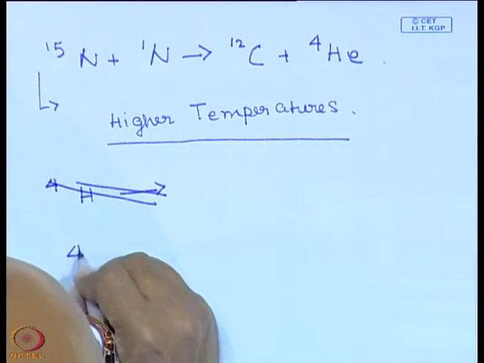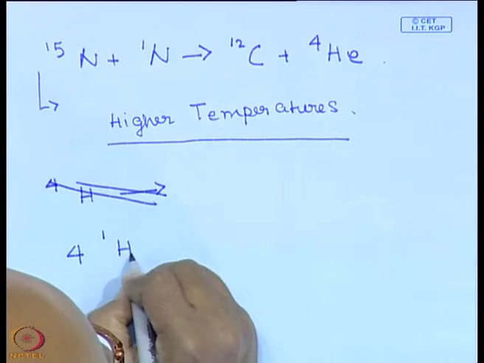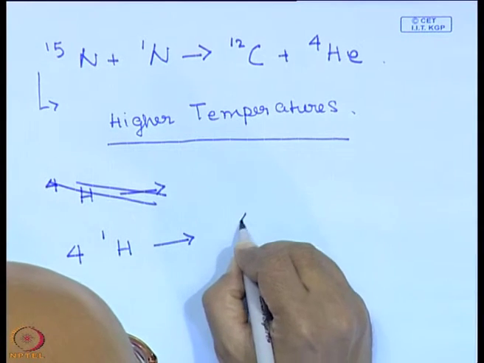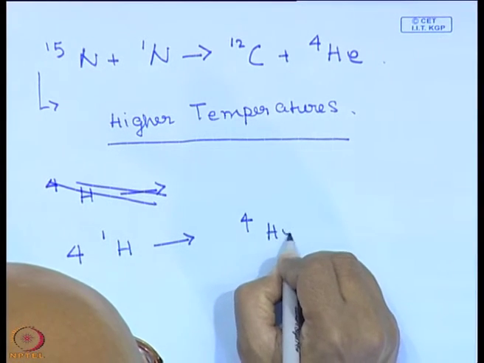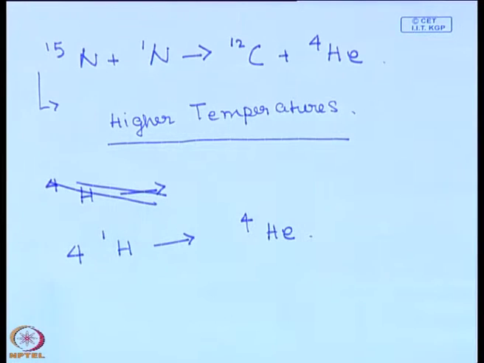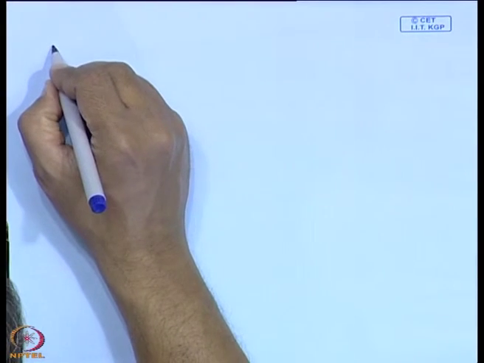So, you have 4 hydrogen atoms going into helium 4. So, let us see how much energy is released in one such reaction. We have to look at the difference in masses.